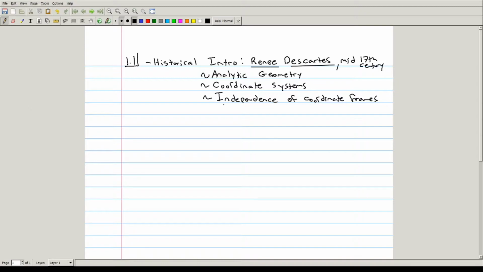The main idea behind this is that we need to think of physical entities as they are. So if you're going to talk about force, the electric field, the magnetic field, things like charge, current, these things should not depend on the chosen coordinate system.